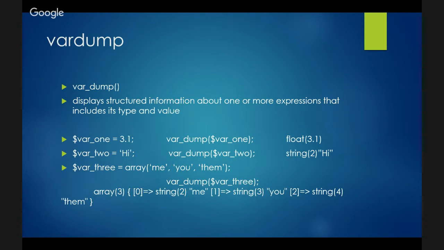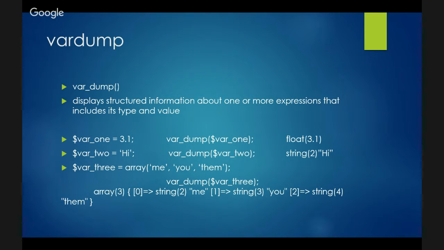So here's the same three examples, the same three variables that we used for print_r, and you can see how the output is slightly different. The first one returns that it's a float and then the value in parentheses. The second one returns that it's a string and it tells you in parentheses how long the string is, and then it prints the string itself.